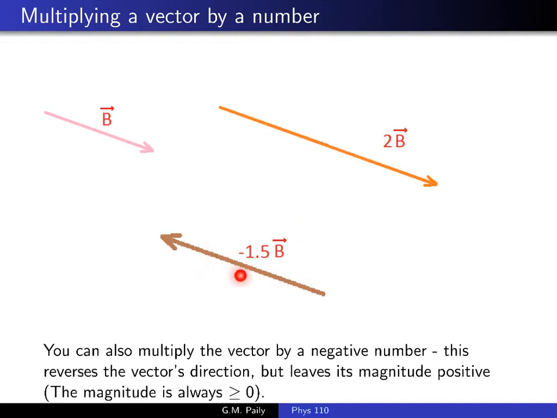So this new vector is related to the old one, and this new vector is negative 1.5b. However, remember that the magnitude of a vector is always positive. So if I were to take the magnitude of this new vector, it would still be positive. But direction-wise, we can see that this is in the opposite direction to the original vector. And that is related to the minus sign.